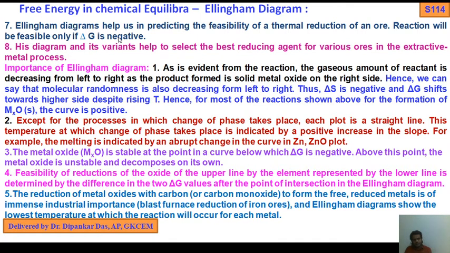There are 8 salient features of the Ellingham diagram which I have already discussed. Now, the importance of the Ellingham diagram. As is evident from the reactions, the gaseous amount of reactant decreases from left to right, as the product formed is a solid metal oxide on the right-hand side.